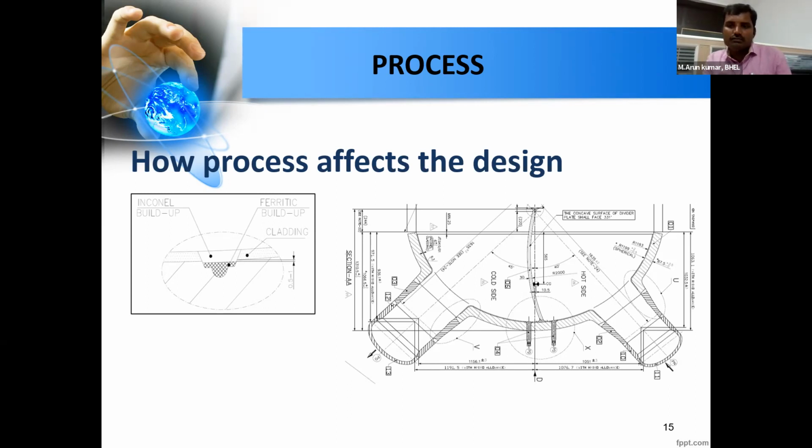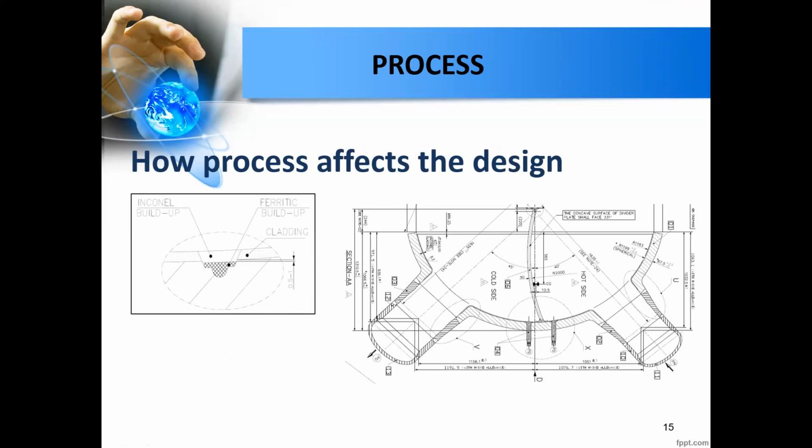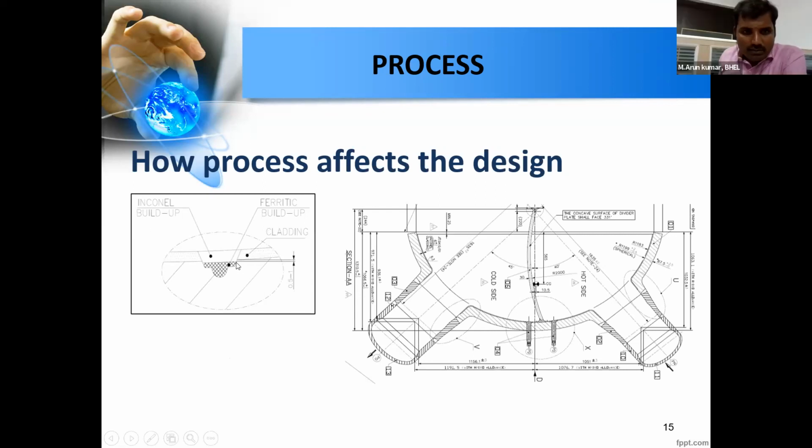This may be helpful for you while working on cladding in some other nuclear applications, sir. Arun Kumar, can you use a pointer wherever possible? Sir, can you see the pointer? Yeah. Sir, this portion shown as cladding is the cladded region, and this hatched region is the parent material.